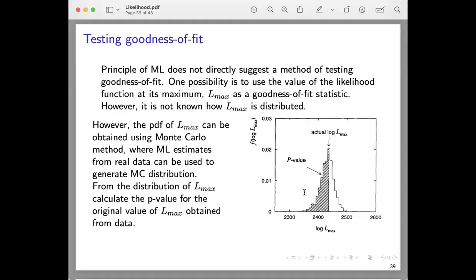From this p-value you can say whether your fit is good or not. So that is one way of testing the goodness of fit for the maximum likelihood method.